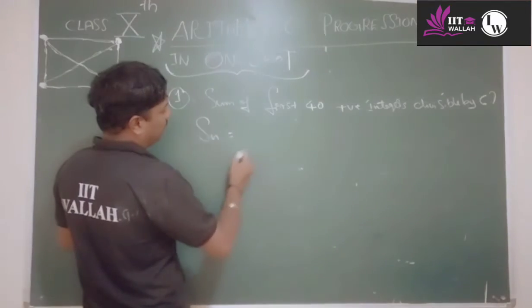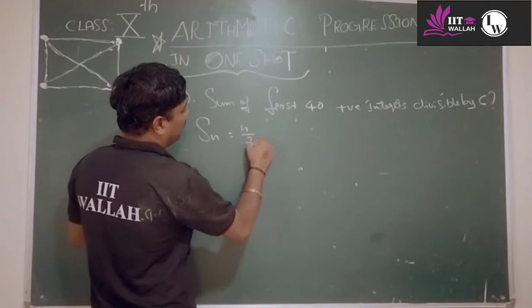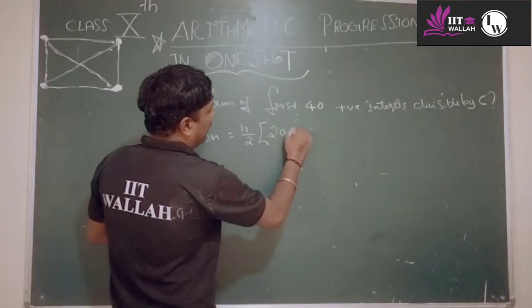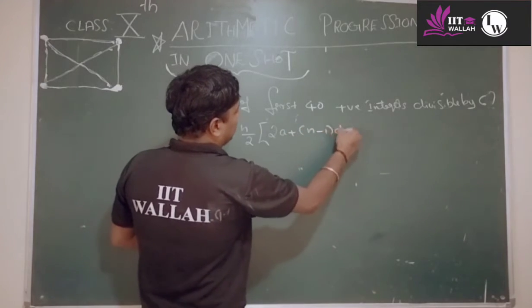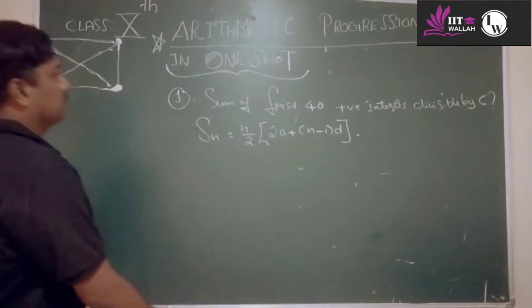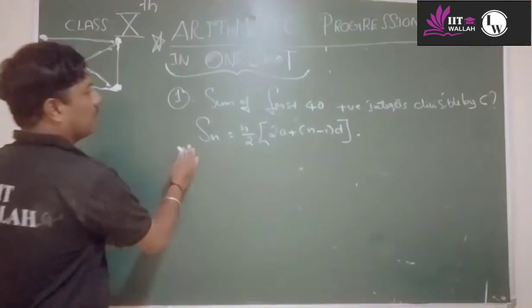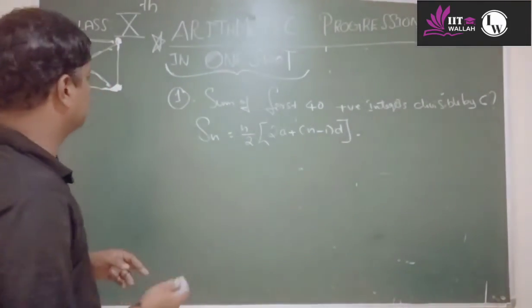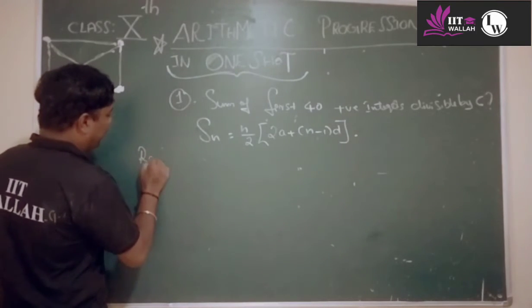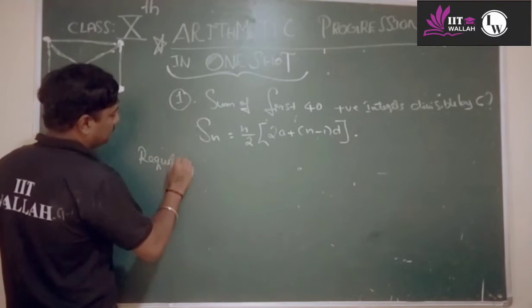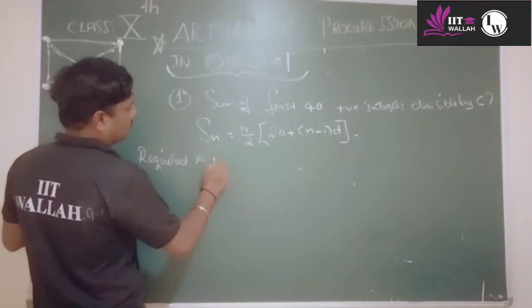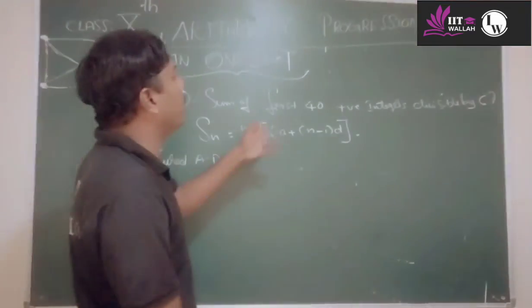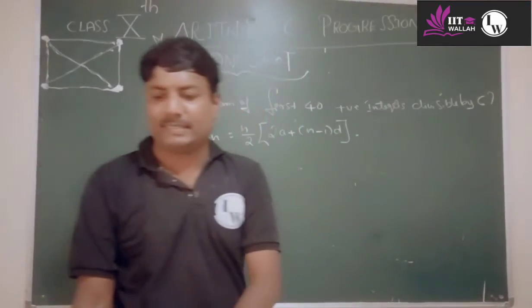Sn is equal to, first you write the formula, n by 2 into 2a plus n minus 1 into d. Here the required AP is the first 40 positive integers divisible by 6.